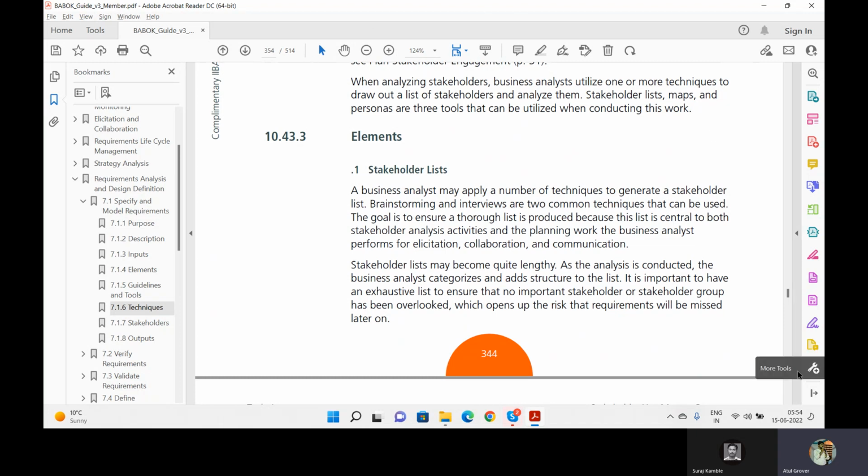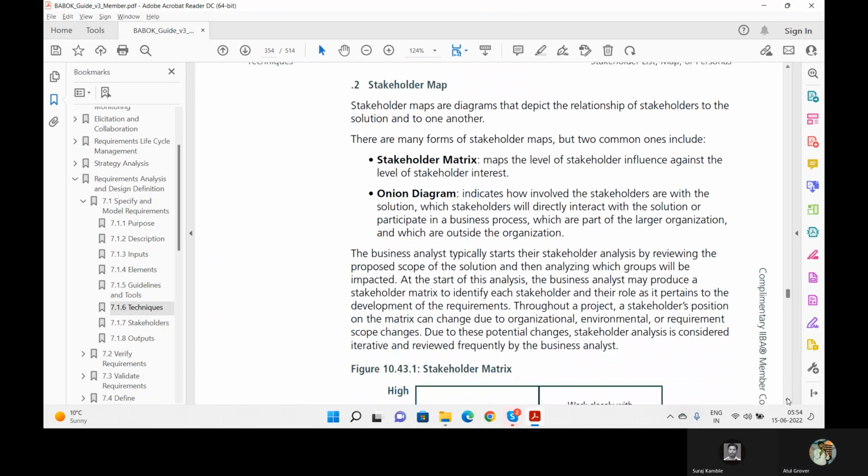So what this says is, let's divide the stakeholders using this mapping.